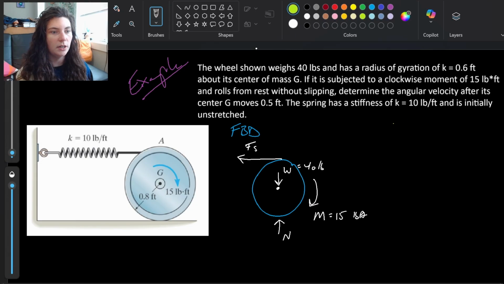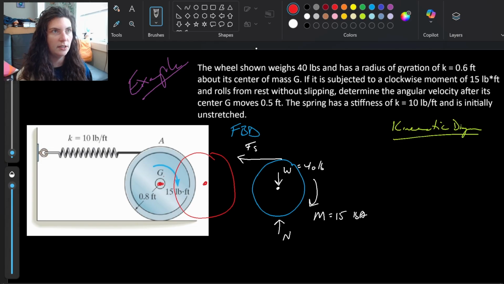And then we can come over here and draw our kinematic diagram, right, showing how this thing is moving. We want to determine that angular velocity after the center moves 0.5 feet. Right, so initially my center G is here, and now we're saying, all right, same wheel on the ground here.